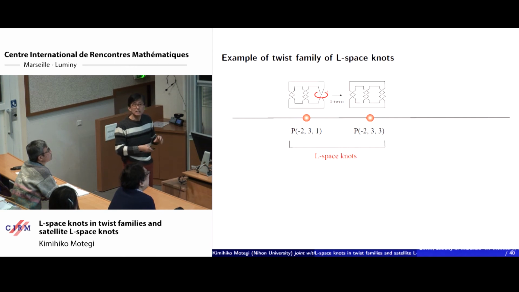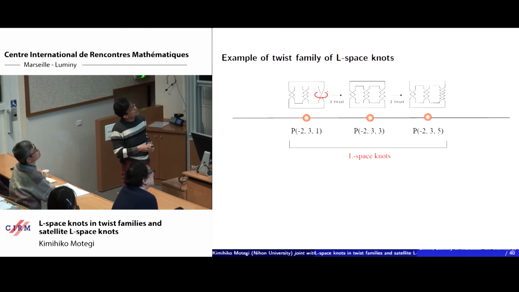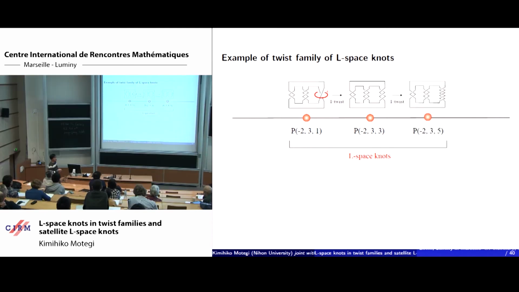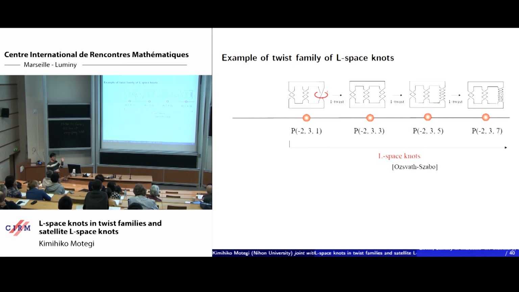This is again a torus knot, perhaps the (3,4) torus knot. And after another twist, we have the (-2,3,5) pretzel knot. This is also a torus knot, the (3,5) torus knot. And after another twist, we have the (-2,3,7) pretzel knot, which is a famous hyperbolic knot admitting two lens space surgeries, due to Fintushel and Stern.